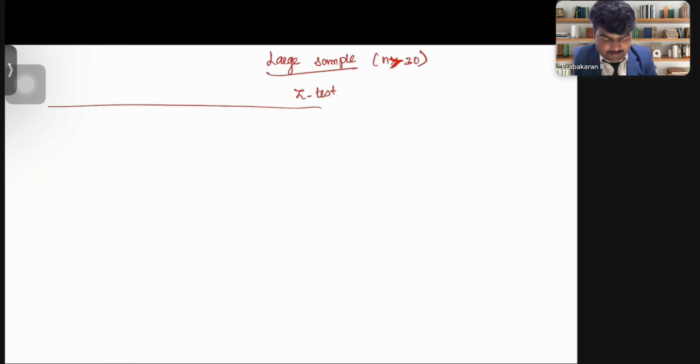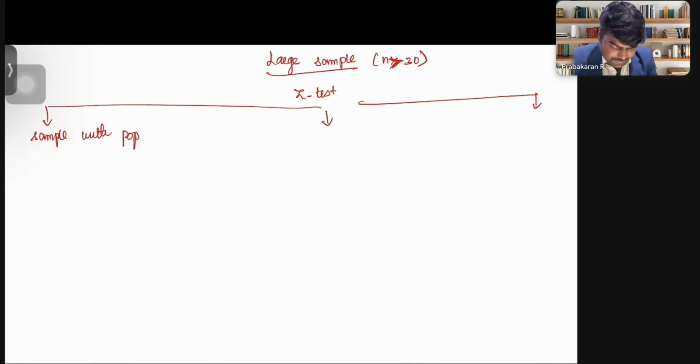As I said, there are three major parts. One is comparing a sample with the population, and then comparing two sample means.